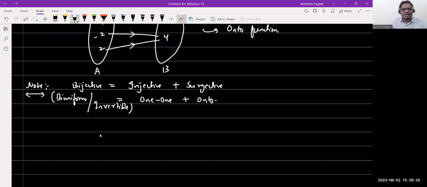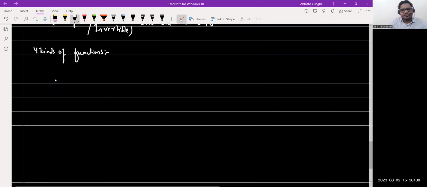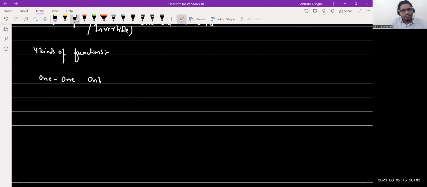Let us summarize it. We have seen four kinds of functions basically. First one is one-one onto function.